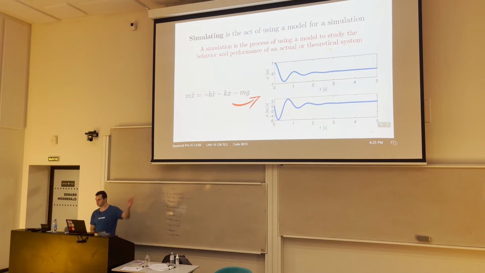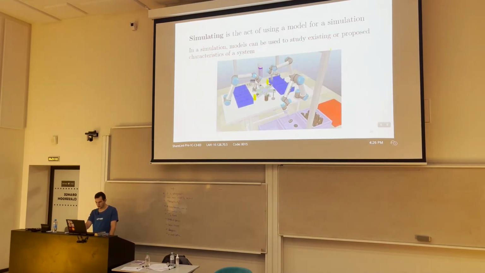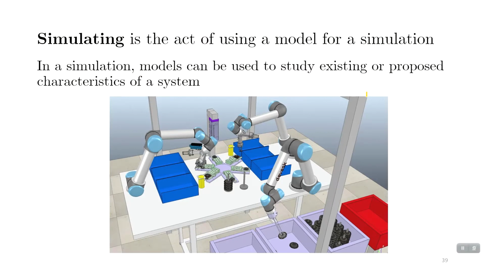And it's already the presentation that it's going to the rest state after some period of time because of the damping coefficient. So in simulation, models can be used to study something that already exists or only a proposed system.